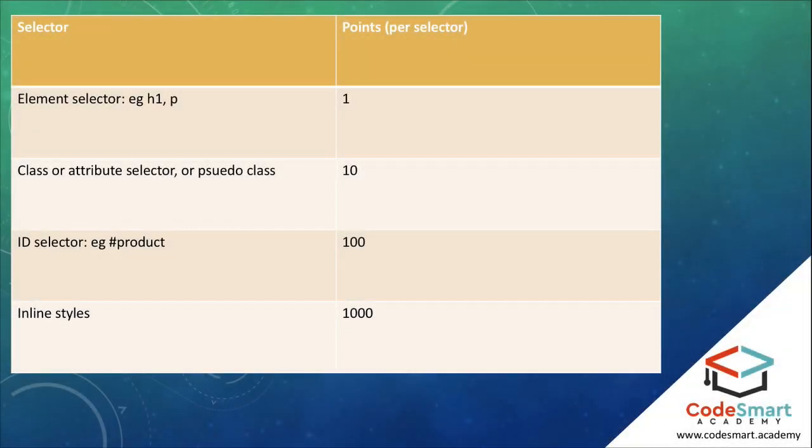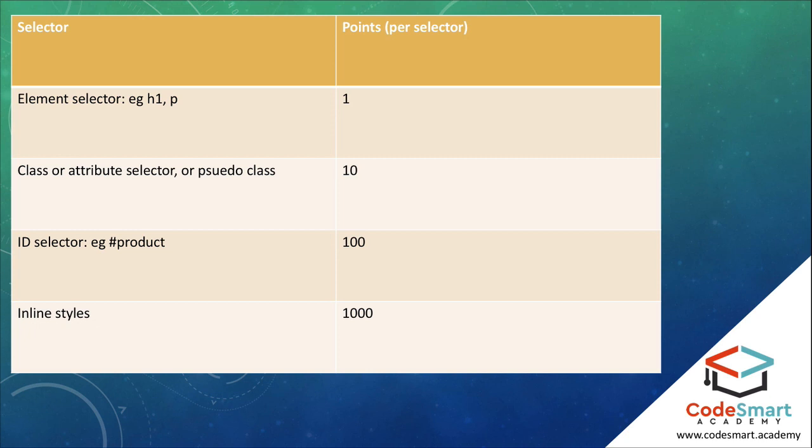So over on the left we have some examples of a selector, and then on the right hand side we see how many points are applied per selector. In the first row, we see that an H1 or a P, which is a standard element, has 1 point, and that's 1 point per selector. So currently our H1 is only worth 1 point.